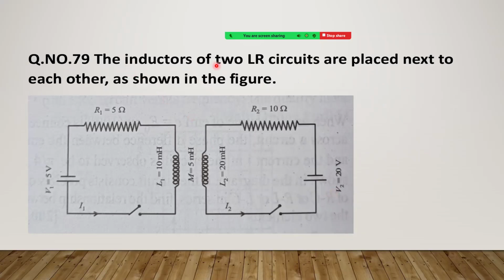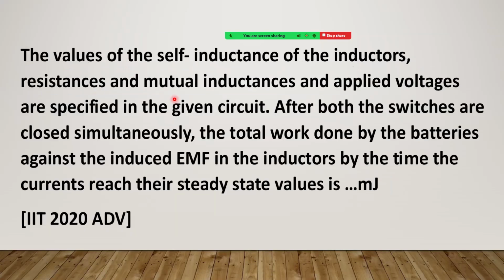The inductors of two LR circuits are placed next to each other as shown in the figure. The values of the self-inductance of the inductors, resistances, mutual inductances and applied voltages are specified in the given circuit.